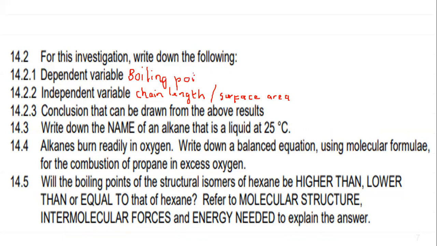By simply mentioning the variables, you will have 2 marks. By saying something about chain length and boiling point, and when you then give the relationship, you will get the 3rd mark. Because that's what we conclude on. We conclude on results, and those results are based on the variables.